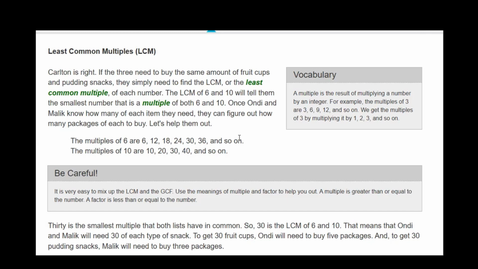The LCM of 6 and 10 will tell them the smallest number that is a multiple of both 6 and 10. Once Andy and Malik know how many of each item they need, they can figure out how many packages of each to buy. Let's help them out.